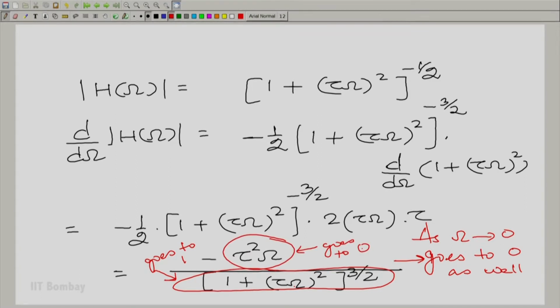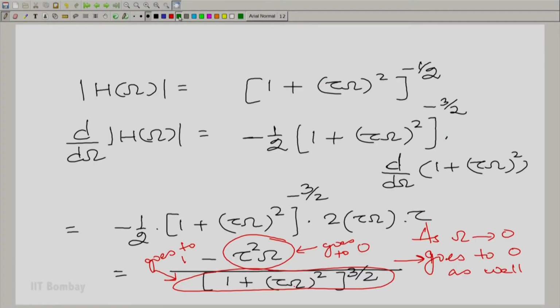So, around 0 frequency you observe that the derivative is very small, and of course, it is interesting, you have a numerator which is also increasing in omega and a denominator which is also increasing in omega. In fact, let us look at the way the numerator and the denominator increase in omega.